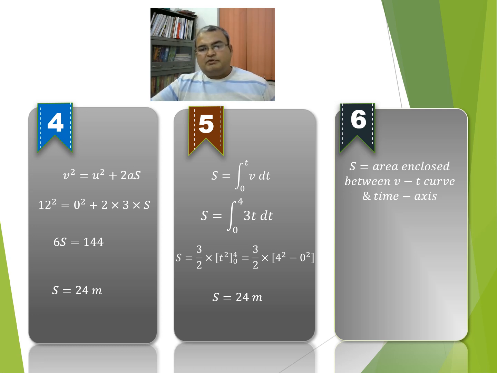For that, first of all, we have to draw the curve. The equation is v equal to kt, meaning one of the axes is v, the velocity axis, which we take on the y-axis, and the time axis we take on the x-axis. And if the equation is v equal to kt, the curve should be a straight line.